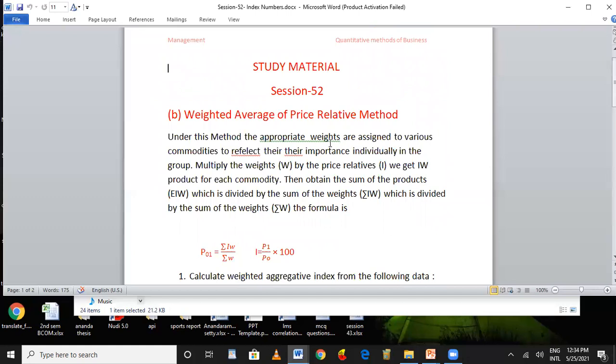Here we are not ignoring the quantities, we are not ignoring the individual importance. We have considered the weights. So when we compare with the simple methods, these weighted methods are very accurate, as they consider both aspects, not only one aspect.